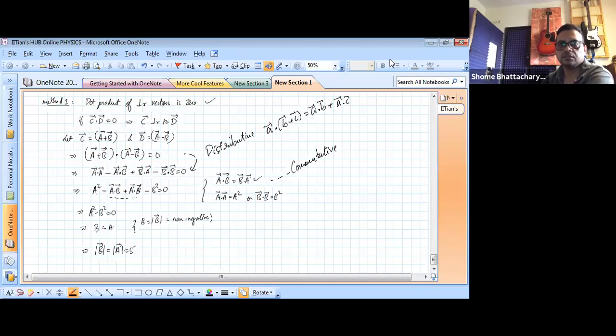This is the first method: the dot product of two vectors is 0 and they are perpendicular.